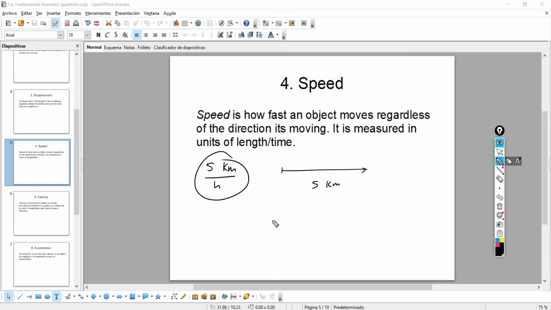For example, if a car, I'm gonna draw very simple cars, is moving in this direction at let's say 50 kilometers per hour, and another car is moving in the opposite direction at this speed, you can see that the speeds are the same even though the directions are opposite.